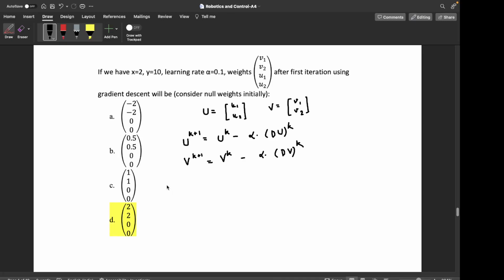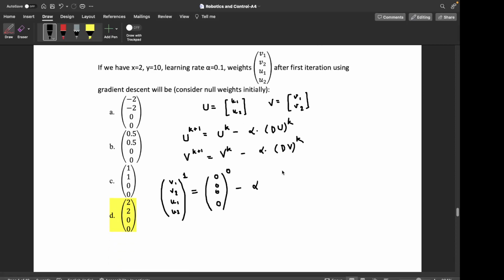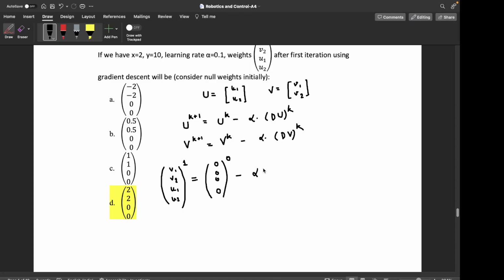So the value of v1, v2, u1, u2 at the first time step can be given as the value at the initial value, that is at the 0th time step, minus alpha times, and we have the sigmoid function, so the derivatives and all, again this expression I'm directly using from the lecture notes.